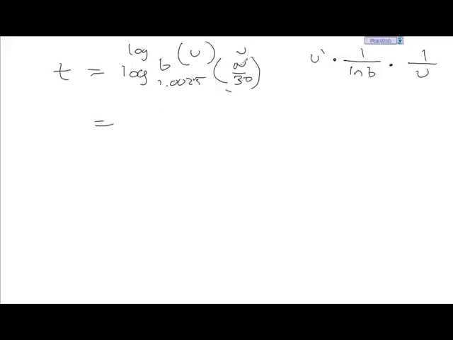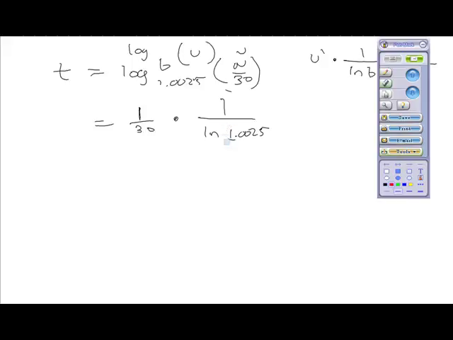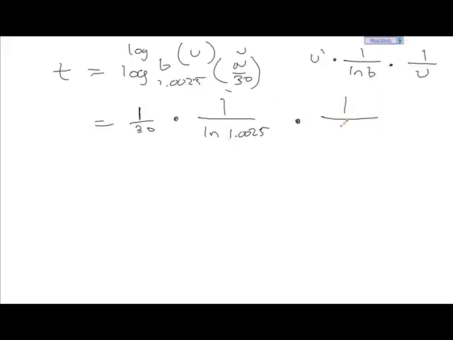So in this case, here is our b, here is our u, and we can find the derivative of this, which is really just 1/30th n, and the derivative of 1/30th n is 1/30th, times 1 over the natural log of 1.0025, times 1 over u, well, u was n over 30.